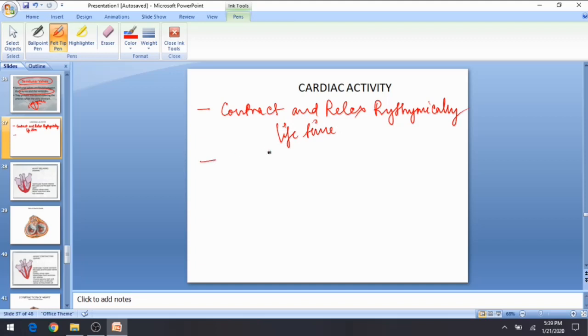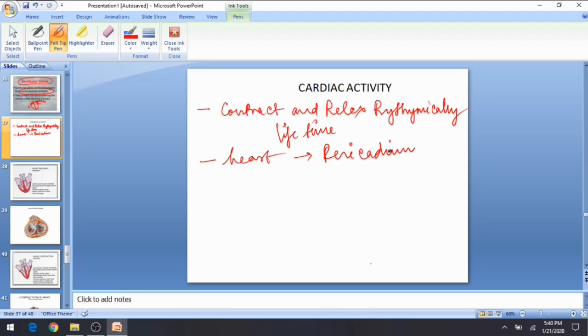So there are two types of contraction and relaxation. As we know the heart is surrounded by pericardium, and the main function of pericardium is to avoid external jerk or accident while contraction and relaxation of the heart muscle.